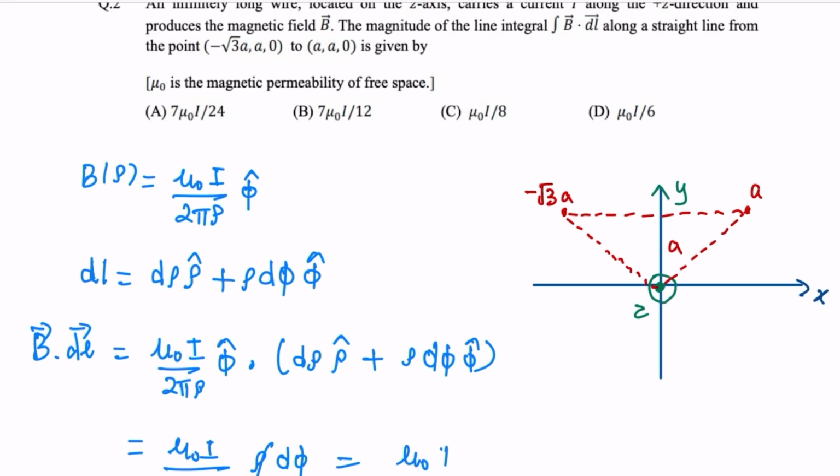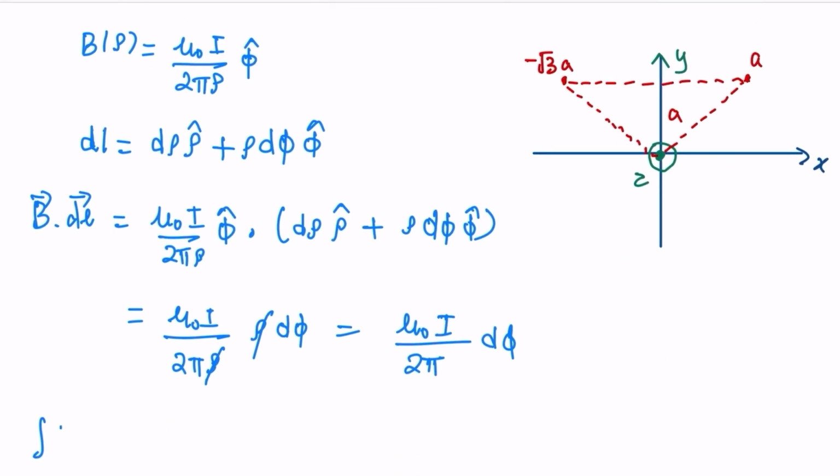Now you're left with this, and the only thing that is changing is the azimuthal angle. So when you integrate over this B dot dL, what is changing is the azimuthal angle, that is covering this theta.